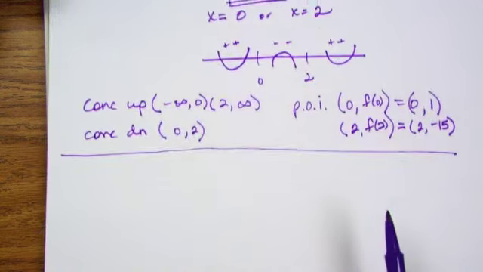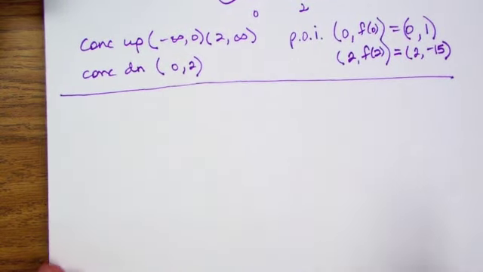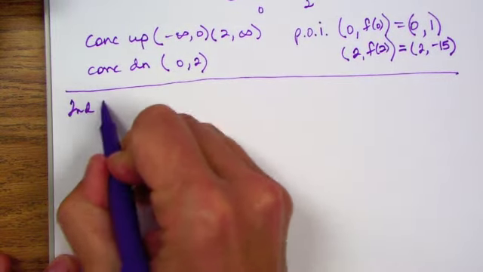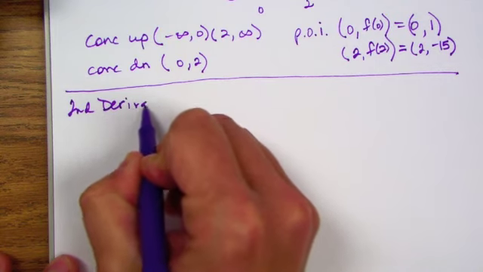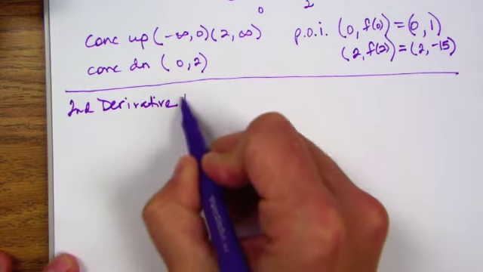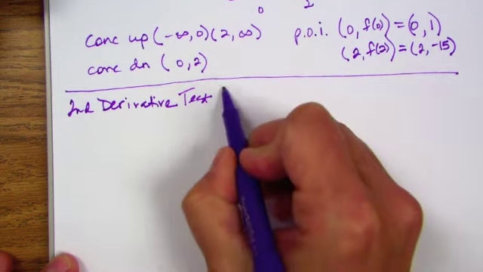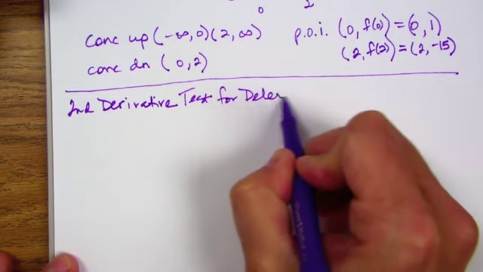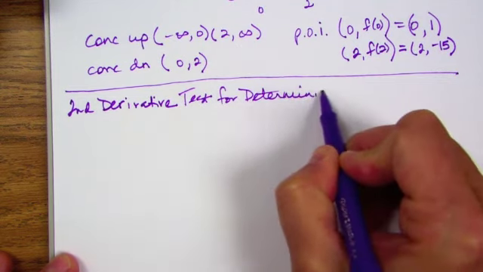Okay, so there's one other thing I want to talk to you about before you go. We had a first derivative test for determining mins and maxes, right? There is a second derivative test for determining mins and maxes.